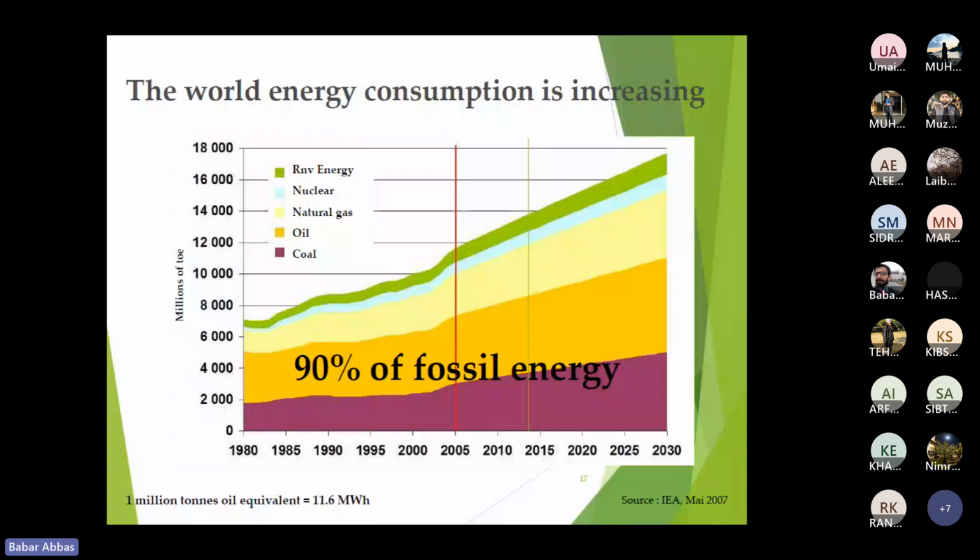There is a lot of opportunity of introducing renewable energy in your system, and biogas is one of the renewable energy sources. There is a lot of waste being dumped unnecessarily, and we can consider that waste as our resource.